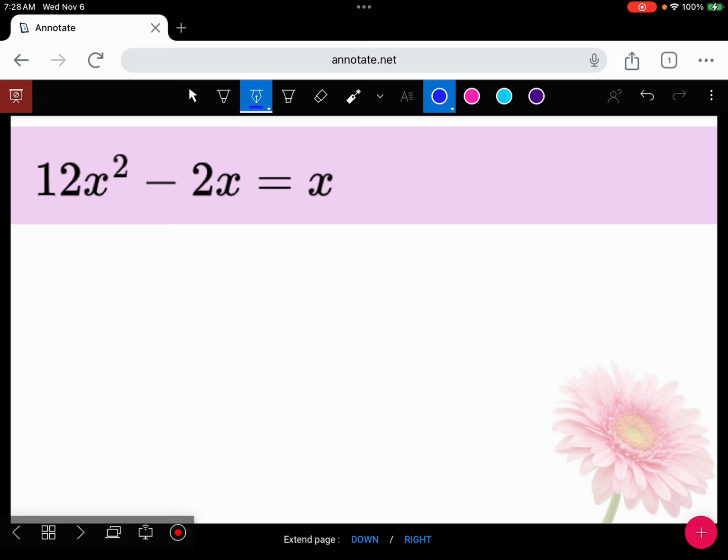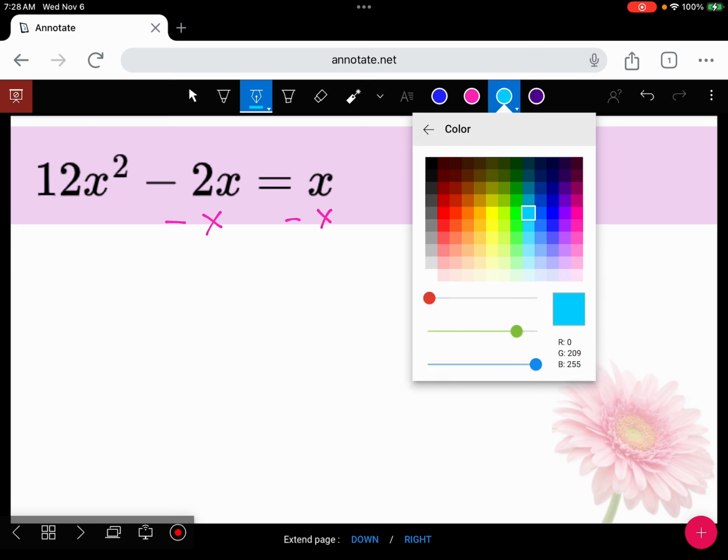It is already positive. So what could I do to make this equal 0 if I really don't want to move this guy? Minus x. So we're going to subtract x from this side, which means I subtract x from this side. That would make it negative 3x.